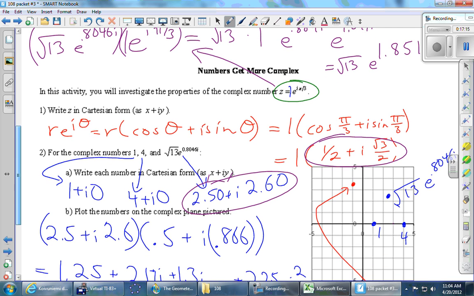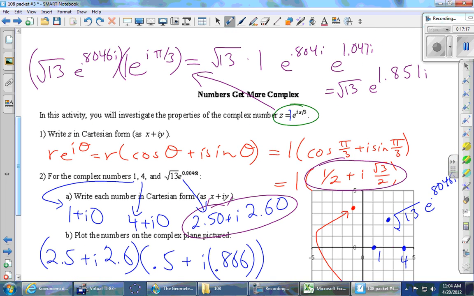Okay, and the last thing I want to say about this guy is that it's a root 13 and it's a 1.85. All right, so root 13, what does that represent in this picture? I'll put a red dot up there because that's where this red dot is plotted on the graph below. It is the real number, but how do you see root 13 in this picture? It's the radius, the distance here.